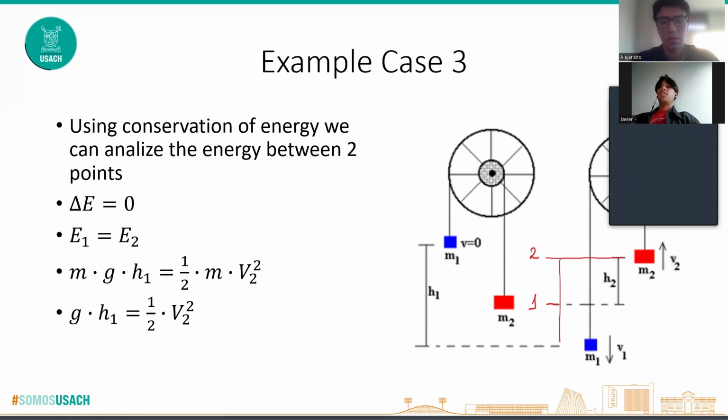We have mass on each side, so we can cancel it and have g times h1 will be equal to 1 divided by 2 times v subscript 2 squared, which is gravity times height in 1 will be equal to a half times the velocity of 2 squared.